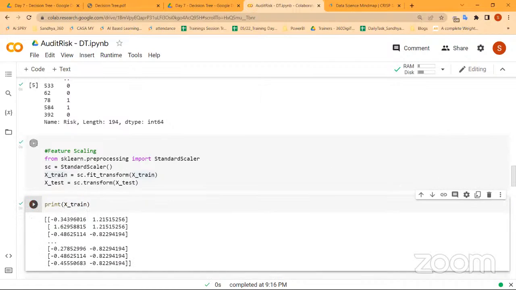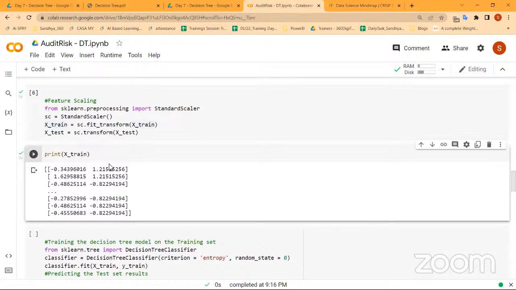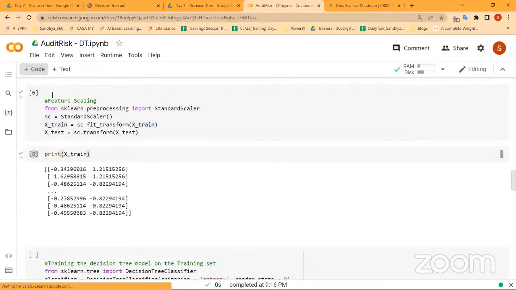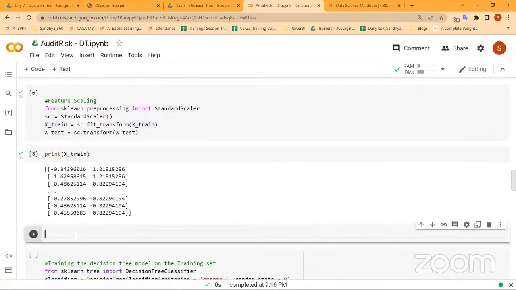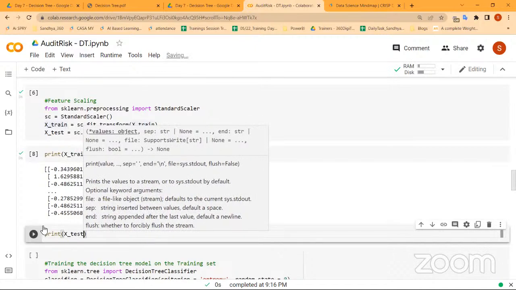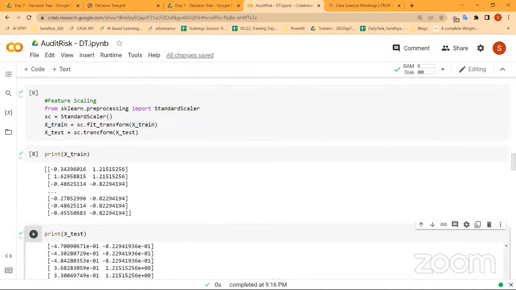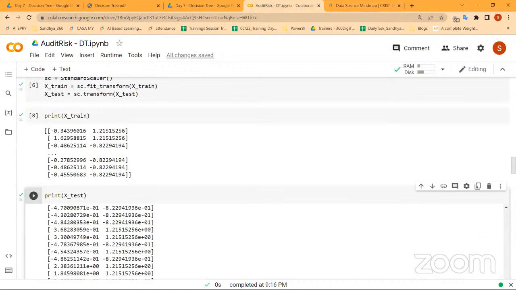Here we go, we got the data. Previously it was whole numbers, but here you can see we got decimals. After standardizing, this is how we got the data. Let me call the X_test as well, print of X_test, and let's run this. You can see this is the data we have.